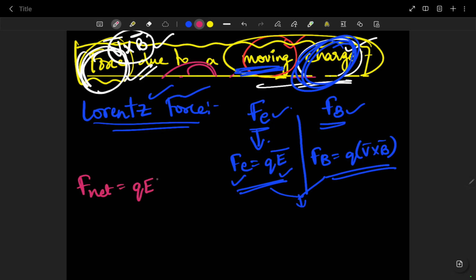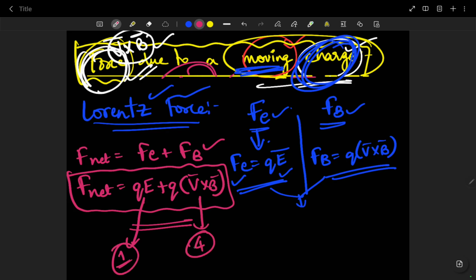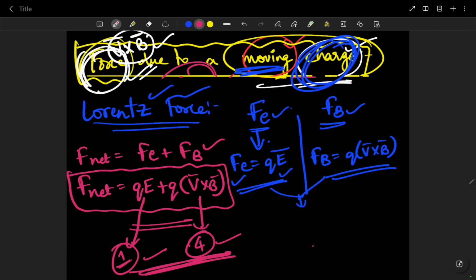That is qE plus q v cross B. So this is actually your Fe plus Fb. So take this down, right? This was covered in chapter 1. This is covered in chapter 4. So these two collectively are called Lorentz force.